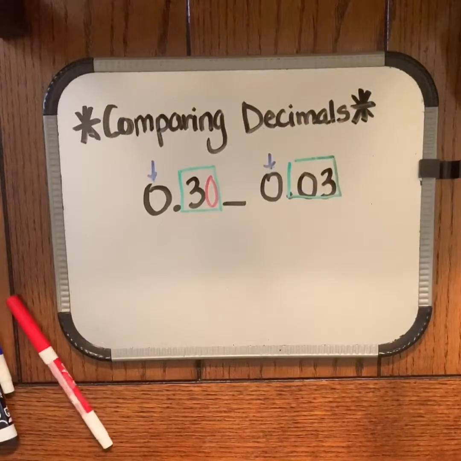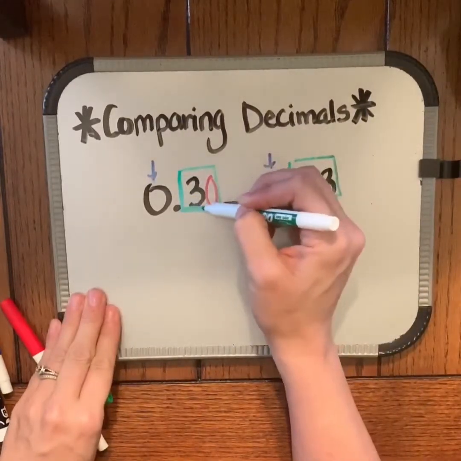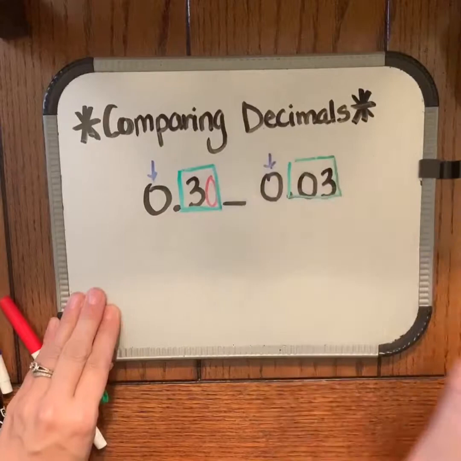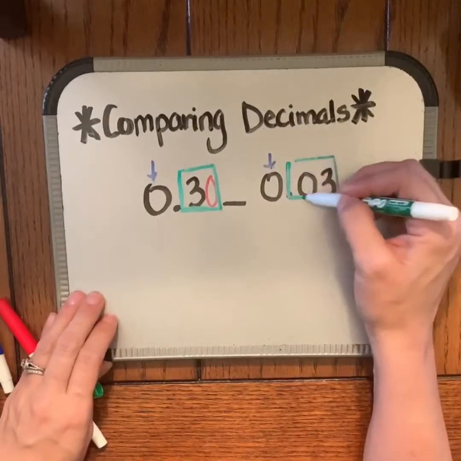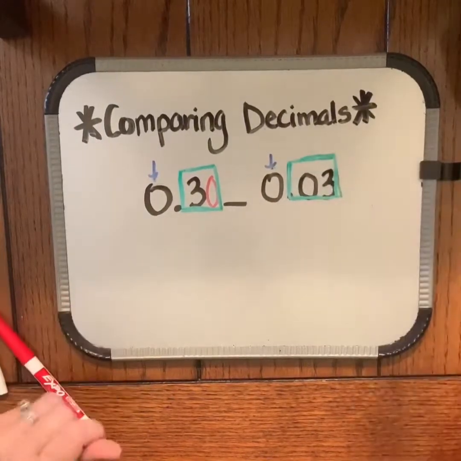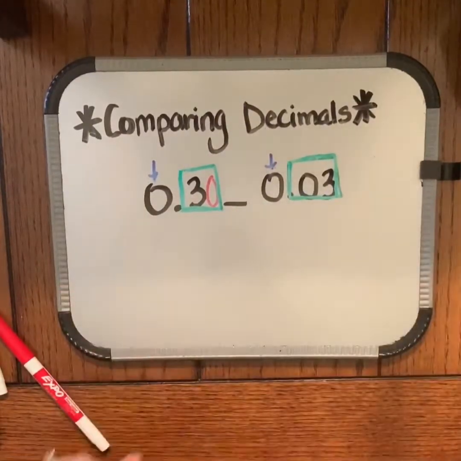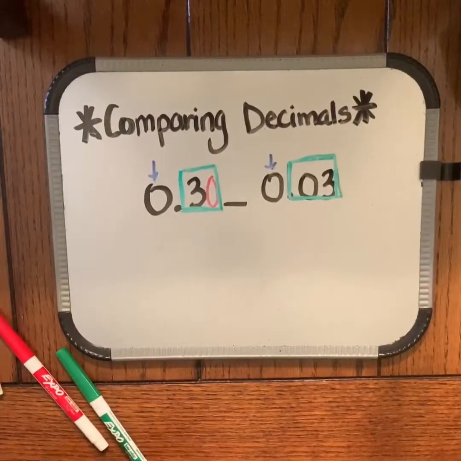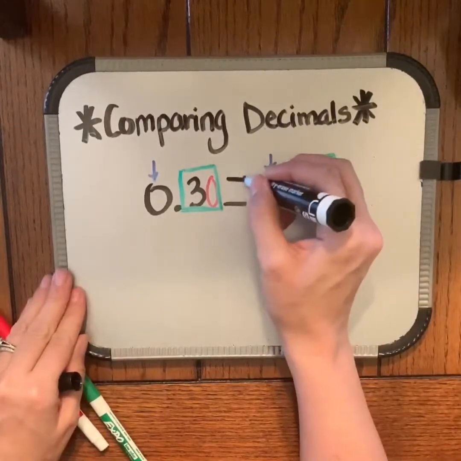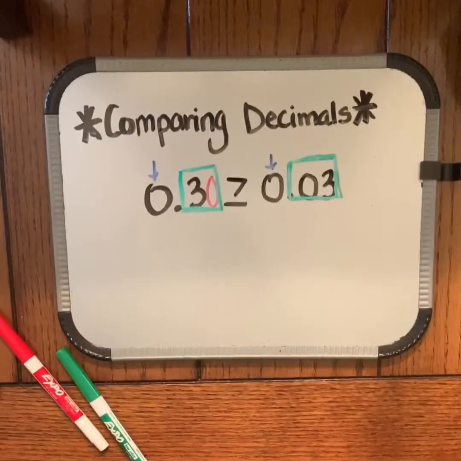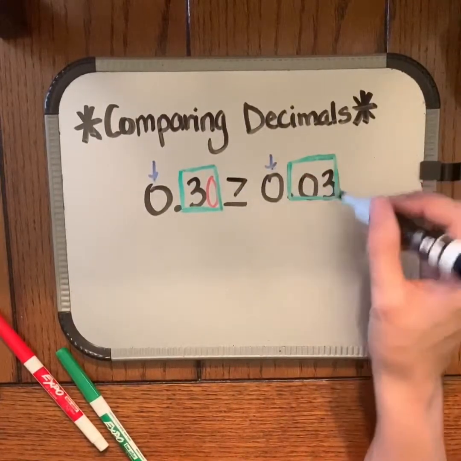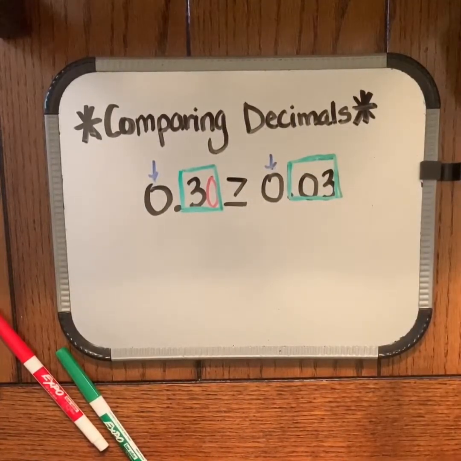So I'm going to look at these numbers, and that's a 30, and this equals a 3. So which one is larger, 30 or 3? And if I look at it, then the answer is this one. 0 and 3/10 is larger than 0 and 3/100.